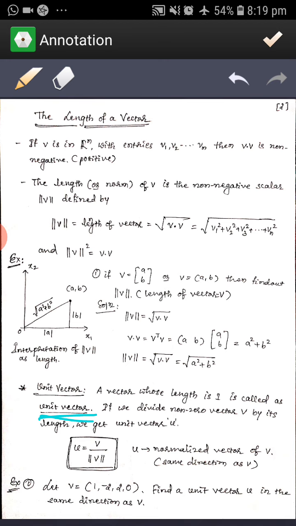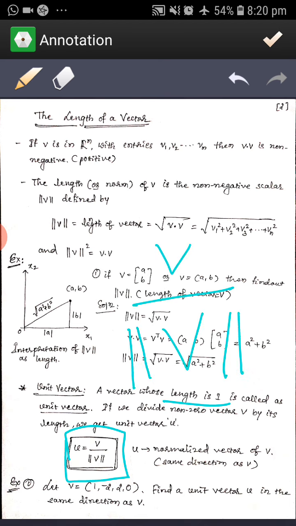Now, how do we say that a vector is a unit vector? As I told, if its length is 1, then we call it a unit vector. But there is one more thing we call the normalization of the vector. Normalization means whatever vector is there, it is divided by its length, or multiplied by 1 by the length of that.